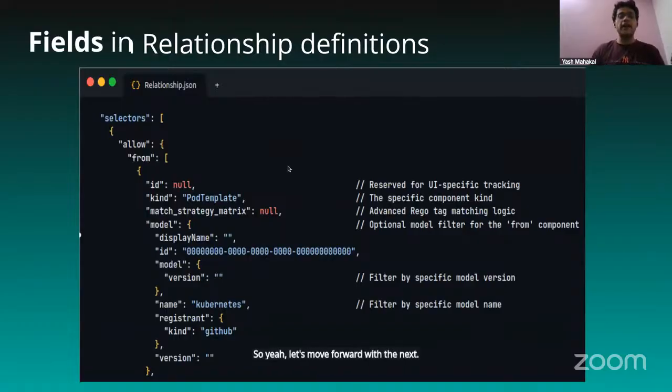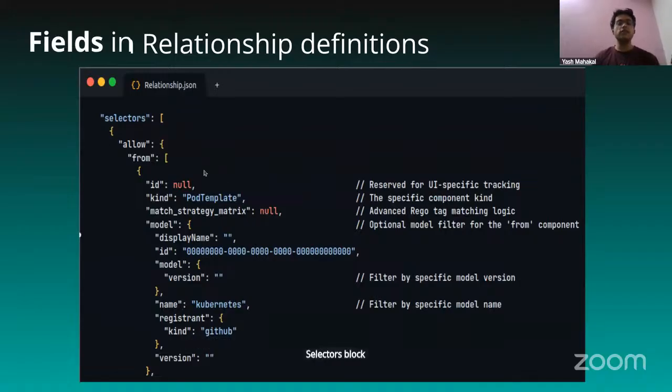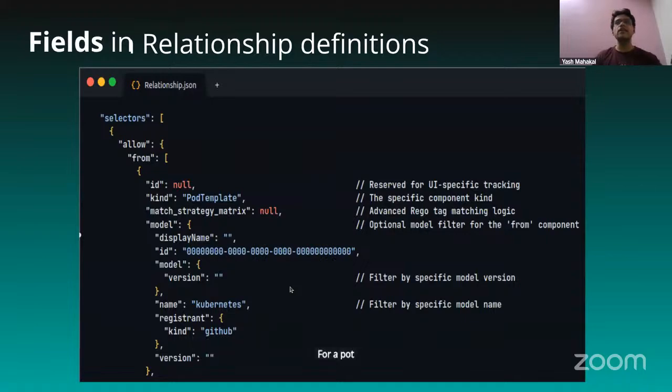Now this is where actually the action happens. All the things before were for regulatory purposes. Now the action begins here: the selectors block. In the selectors block, there are two components, allow from and allow to. So let's talk about allow from and what it does. Let's say I'm talking about a pod and then a container. For a pod to contain a container, it requires the name of the container.